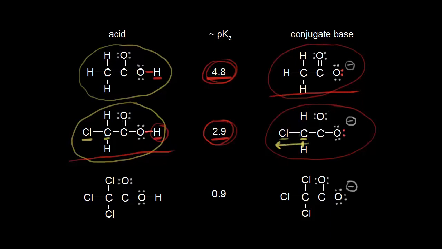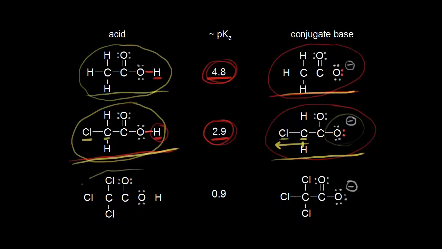And if you withdraw electron density, you delocalize this negative charge. You spread out this negative charge. And that stabilizes the conjugate base. And since this conjugate base is more stable than this conjugate base, chloroacetic acid is more likely to donate its proton than acetic acid.